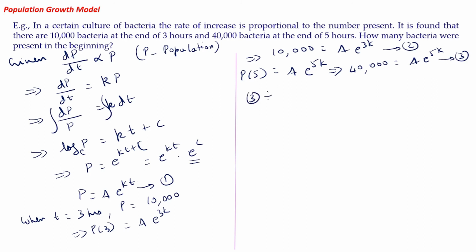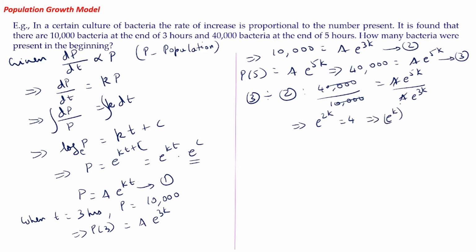Now if we divide 2 by 1, we get 40,000 upon 10,000 equal to A into e raised to 5K upon A into e raised to 3K. So we get e raised to 2K equal to 4, or (e raised to K) the whole squared equal to 2 squared, which means e raised to K equals 2.